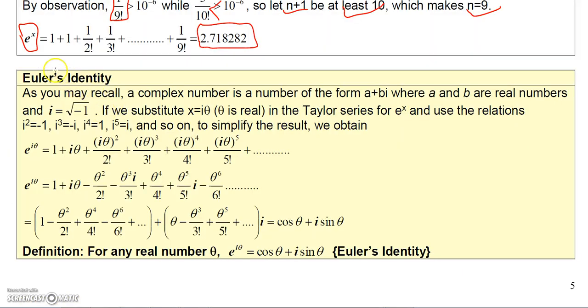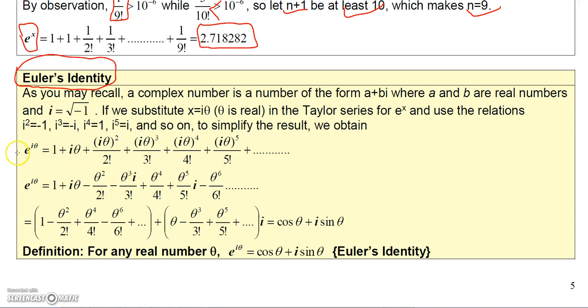I'm just going to leave you with Euler's identity. Basically Euler's identity gives you a way to represent imaginary or complex numbers using sine and cosine, and it actually comes from thinking of the series.